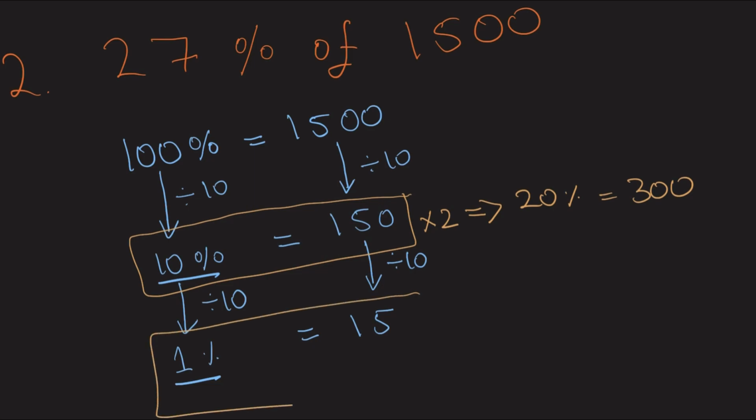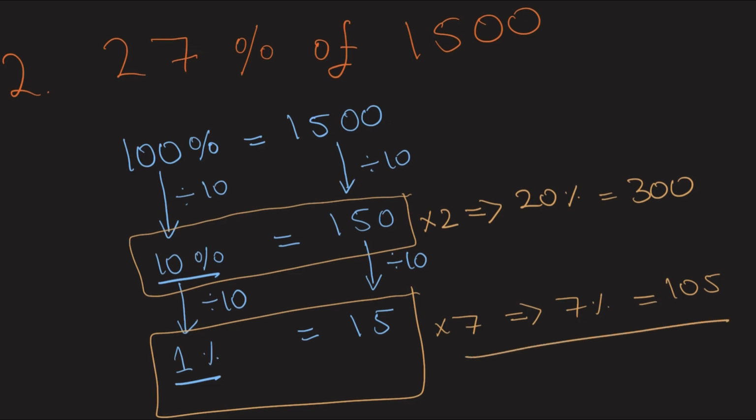And if I times everything in here by 7, that will get me 7% equals 105. And if I add these two together, so 20% plus 7%, that'll get me 27%. And I add 300 and 105 together, that'll get me 405. And that is our final answer.